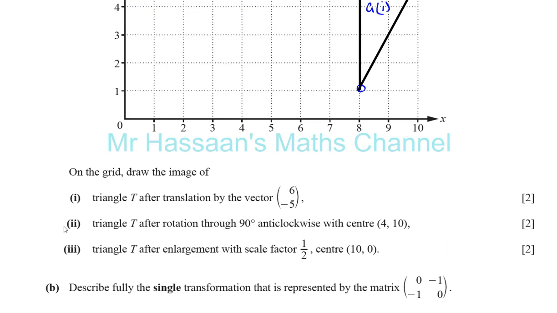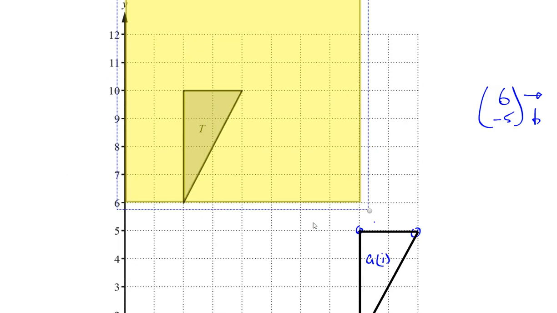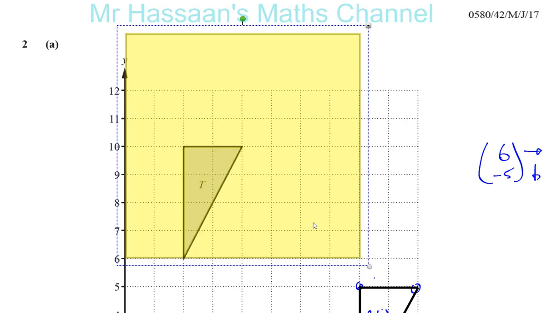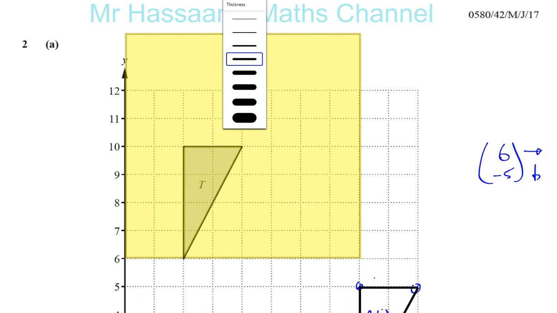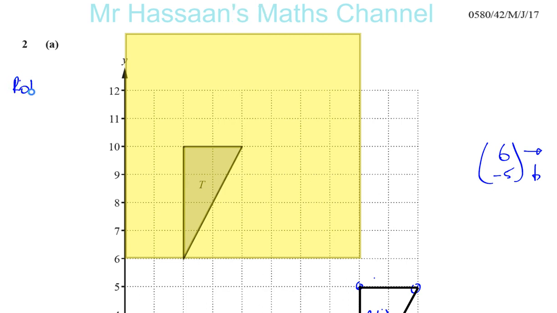It says triangle T after rotation through 90 degrees anti-clockwise about the center (4, 10). So it's a rotation, the center is (4, 10), and it's anti-clockwise.